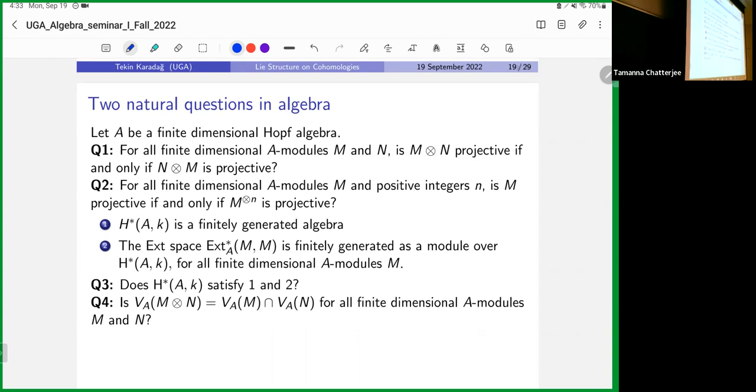For question 1, we ask: for all finite dimensional A-modules M and N, is M tensor N projective if and only if M tensor M is projective? And we have another question: for all finite dimensional A-modules M and positive integer n, is M projective if and only if M tensor to the power n is projective?